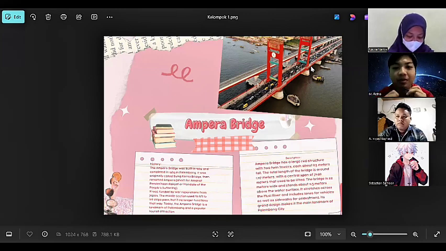That is the problem itself, because the people are very crowded, and when the ship tries to go past the Ampera Bridge, people have to wait. So in the end, it becomes a traffic jam.